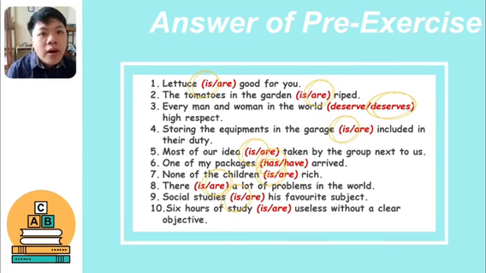Remember, time, money, and distance are considered singular, so the answer is is. Okay, how many are you correct? It's okay if you are not able to do most of them. I just hope that this lesson will be useful for all of you in the future.